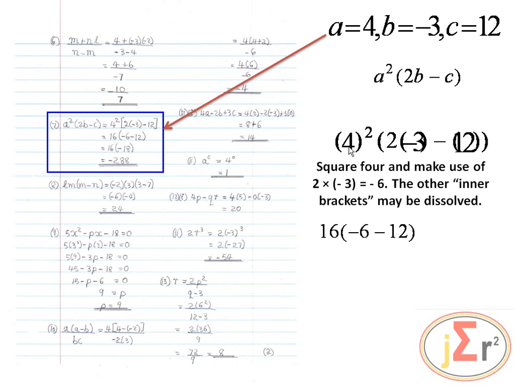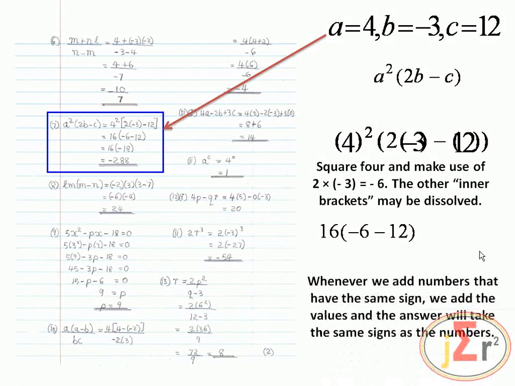So we have square 4, 16. 2 times negative 3, negative 6. And we have a negative 12. And when we add numbers that have the same sign, we add the values and the answer will take the same sign as the numbers that we have added, and that is pertaining to the numbers that we have inside of this bracket. We have negative 6 minus 12.